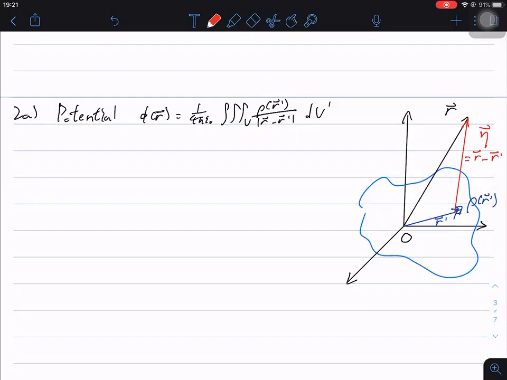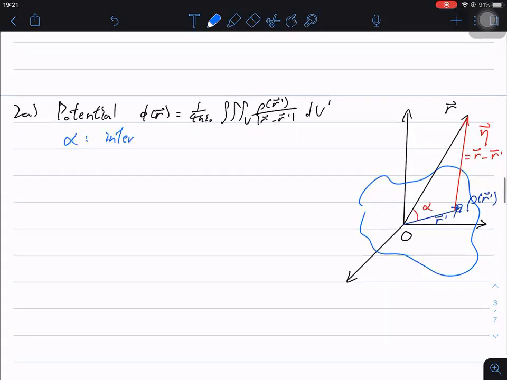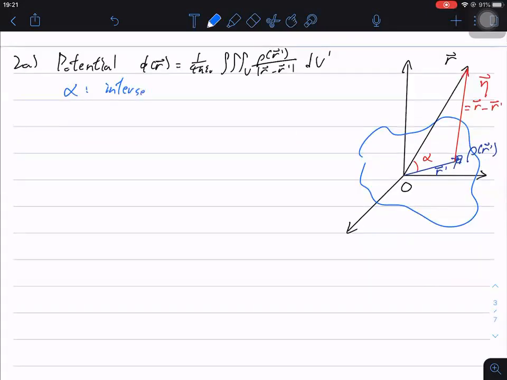And integrating all the contributions, we can obtain the potential. And here I define the angle alpha to be the intercepting angle between r and r prime.